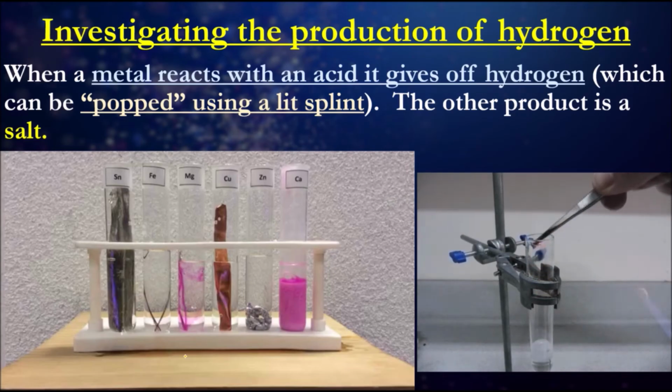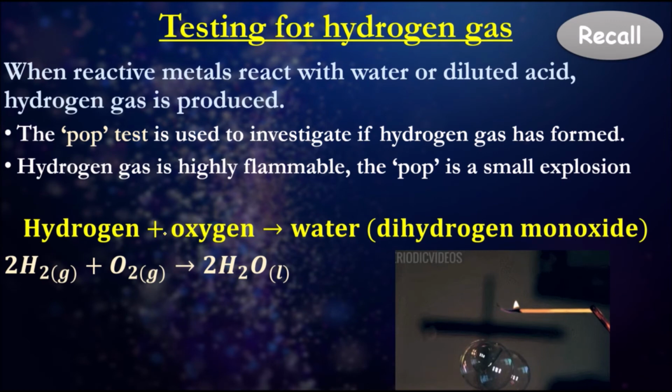Okay, when it comes to reaction with metals, sometimes with water or sometimes with an acid, hydrogen gas does get produced. And the way we can test if hydrogen gas has been produced is what we call the pop test.